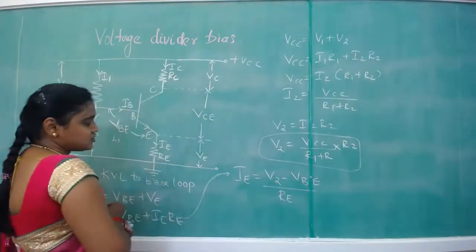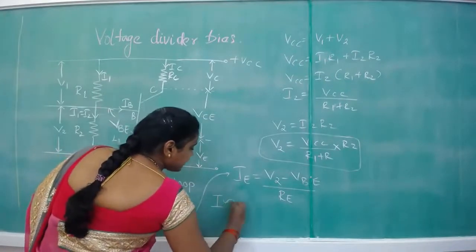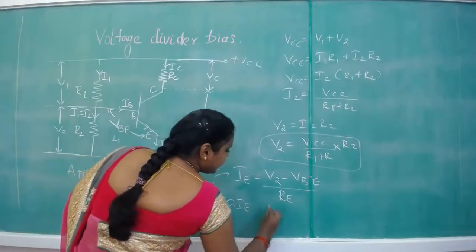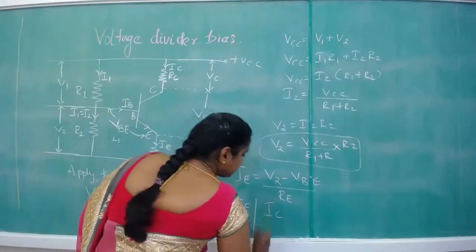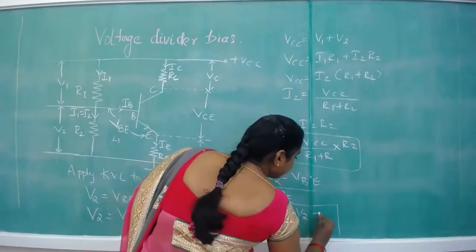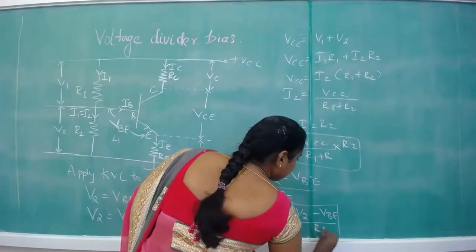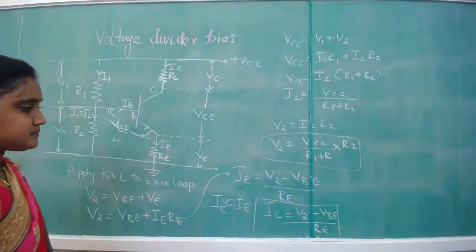So this is the expression, and also IC is approximately equal to IE. So we can write as IC. So we got the expression for IC, where IC is equal to V2 minus VBE by RE.